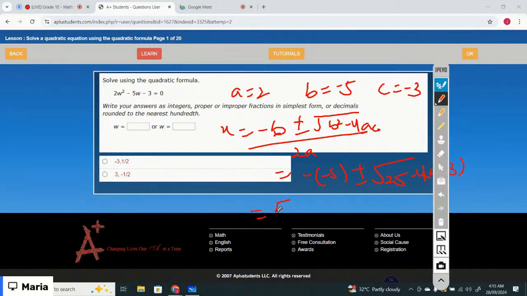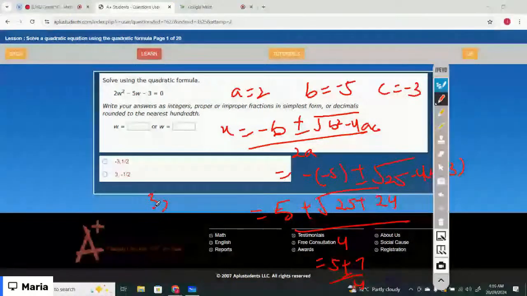So that is 5 plus minus square root of 25 plus 24, divided by 2a, that is 4. So that is 5 plus minus 7 over 4. 5 plus 7 is 12 over 4, that is 3. And 5 minus 7 is negative 2 over 4, that is negative 1 over 2.